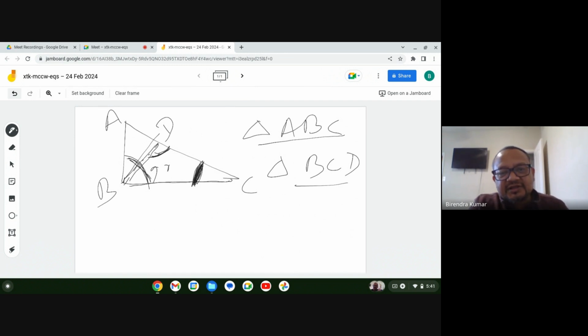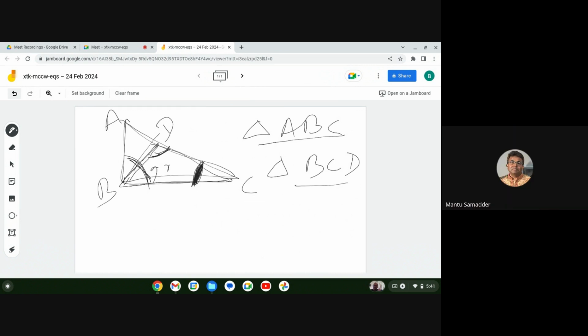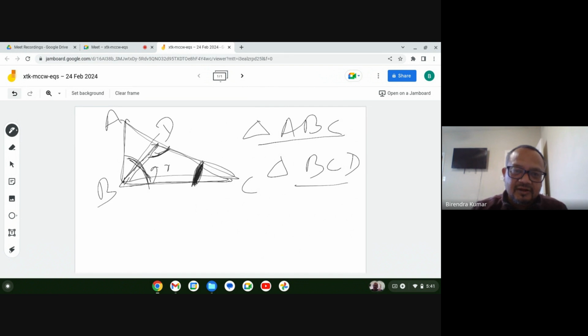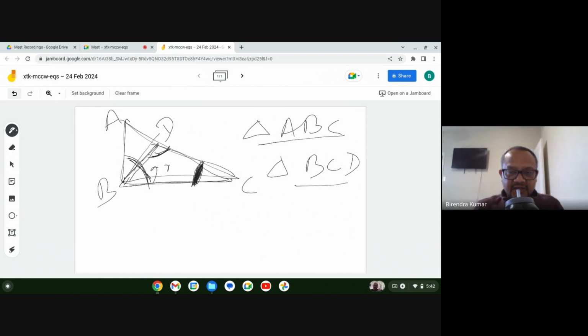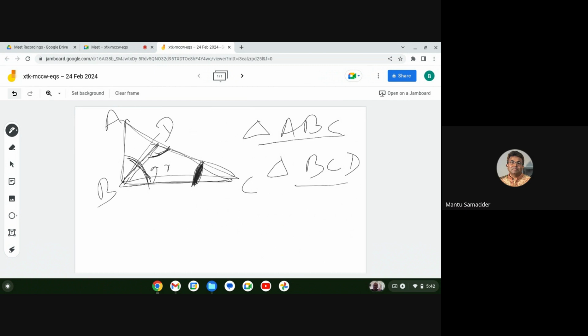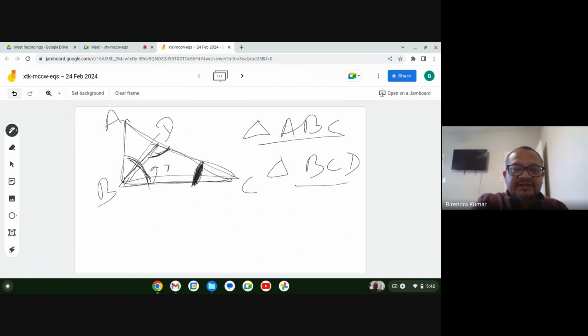So between the small triangle and the bigger triangle, two angles have matched. So the third angle will also match with the other two. Yeah, the other two angles will also match. That means the second child triangle is also similar to the parent triangle.